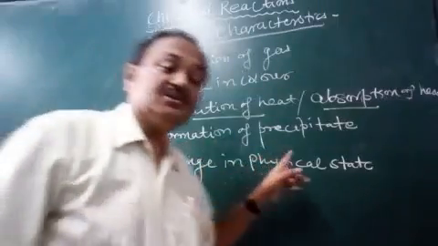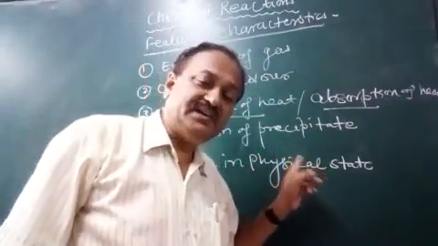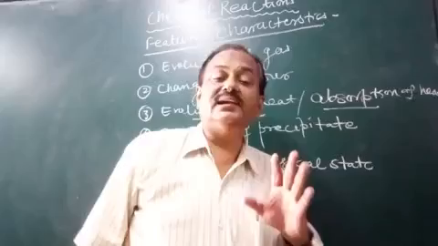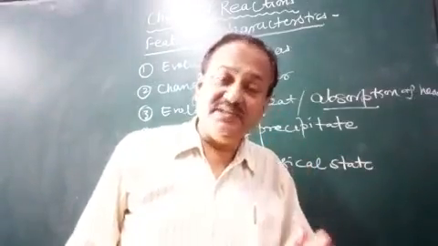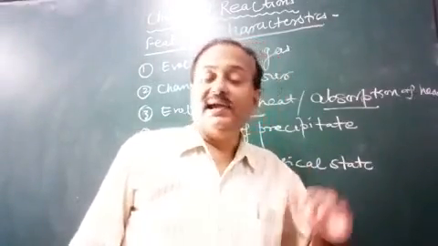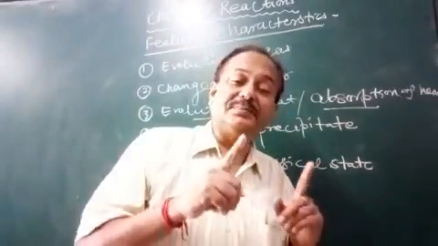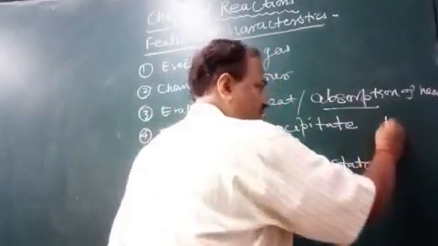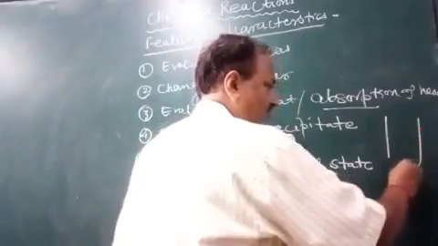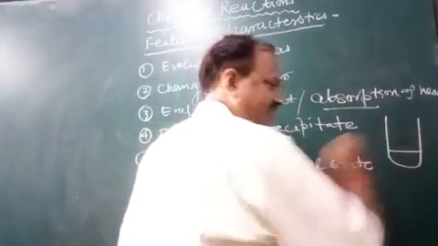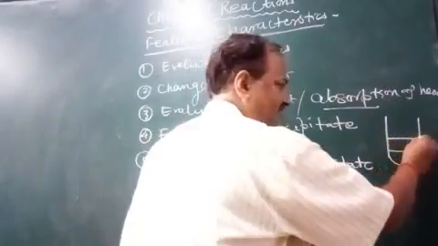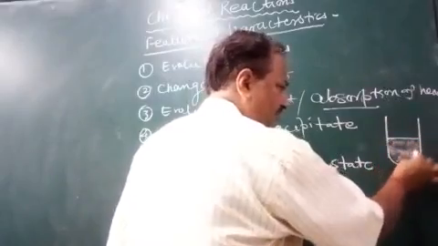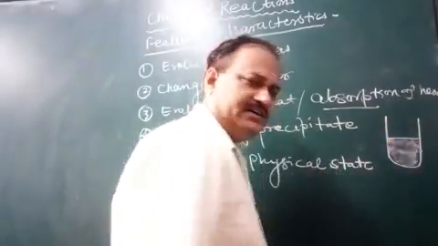Then formation of precipitate. A precipitate is a substance which is insoluble in a liquid. It is formed during a chemical change and it settles down at the bottom. Suppose there is a reaction, so here one reagent is here and we mix the second, and there is formation of some dense material.